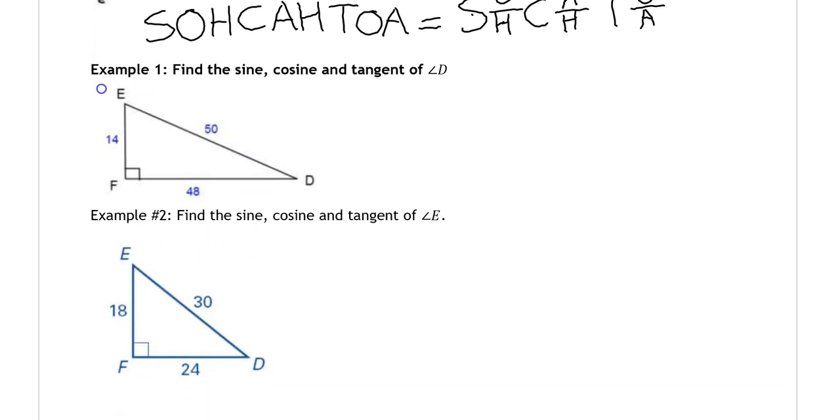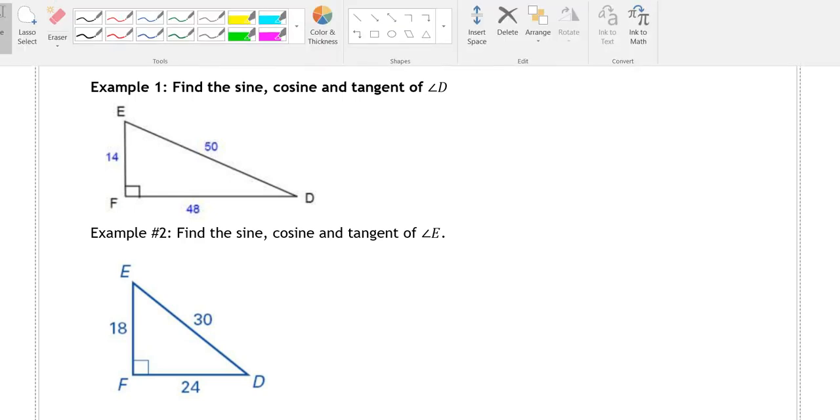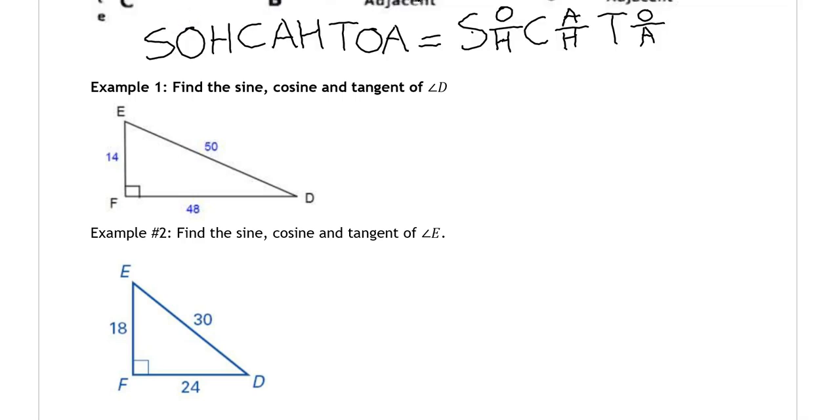All right, let's look at our first example. Example 1 says find the sine, cosine, and tangent of angle D. To start these problems, the first thing I need to know is what is the opposite, adjacent, and hypotenuse. We'll start with my hypotenuse. My hypotenuse there is 50.